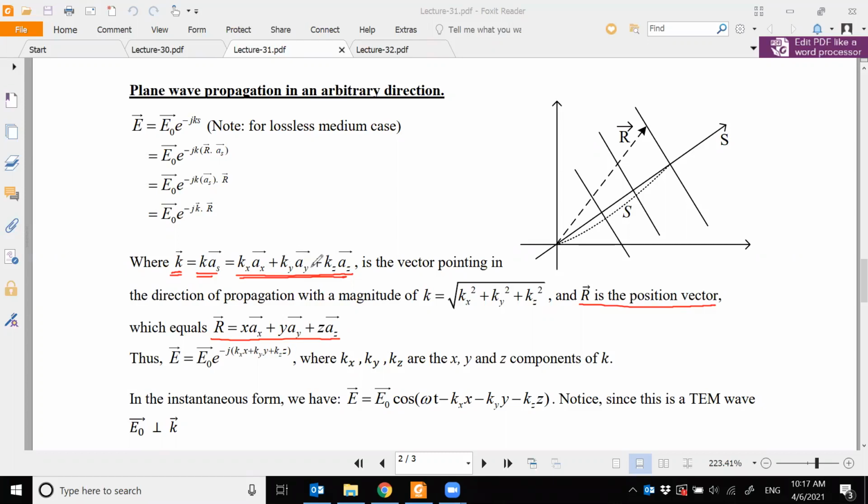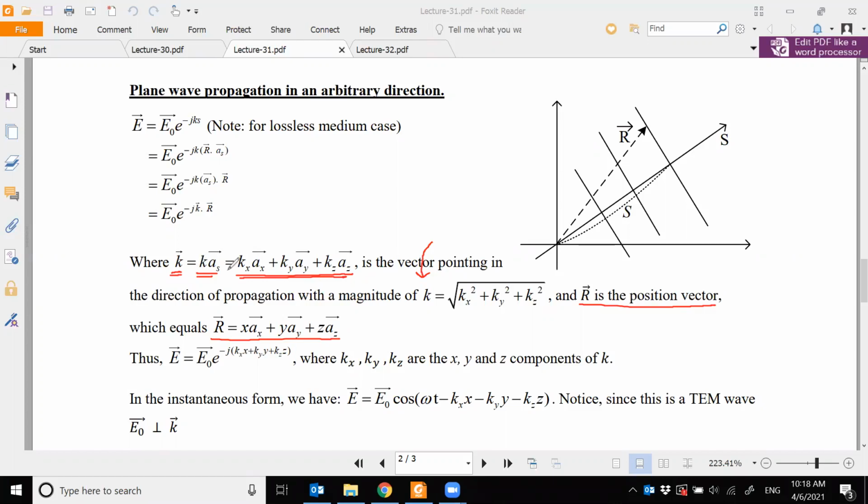Why do we usually use k? Because in an arbitrary direction, we always try to represent it in k form. This is the typical notation we use. So whenever you see k, you can think that my electromagnetic wave is now traveling in an arbitrary direction.